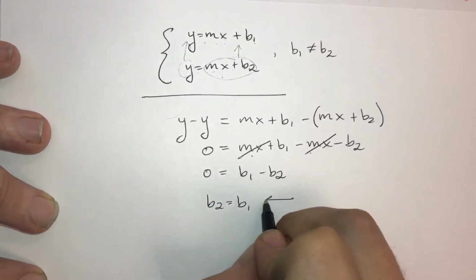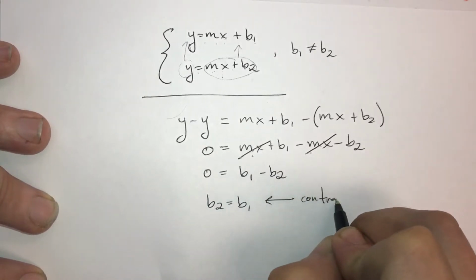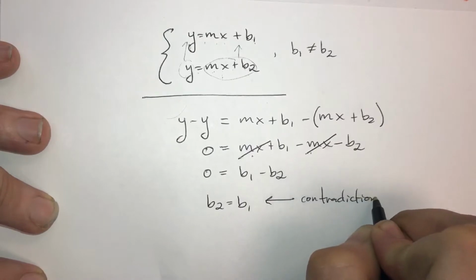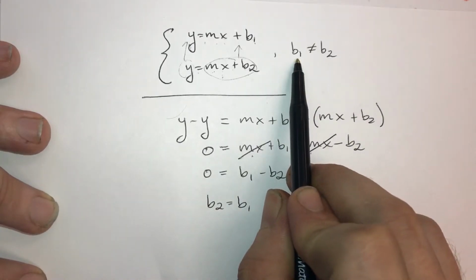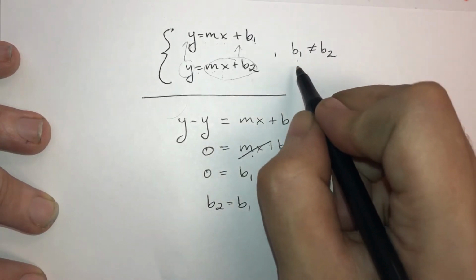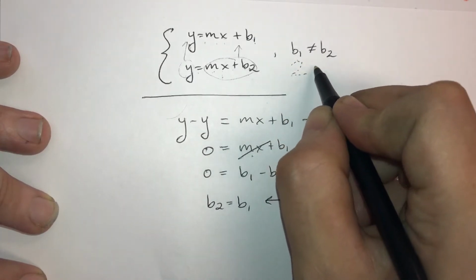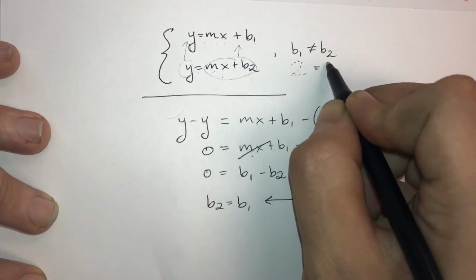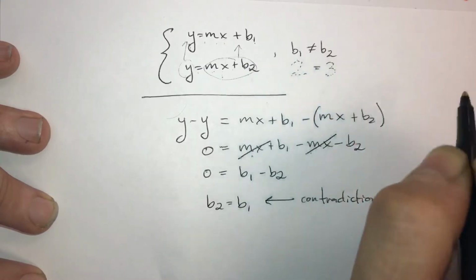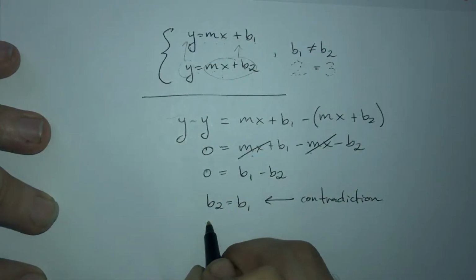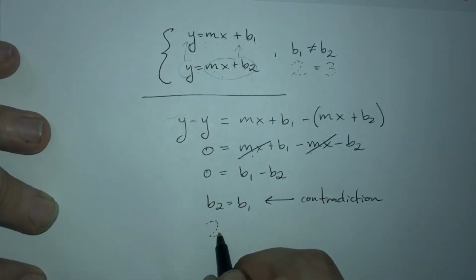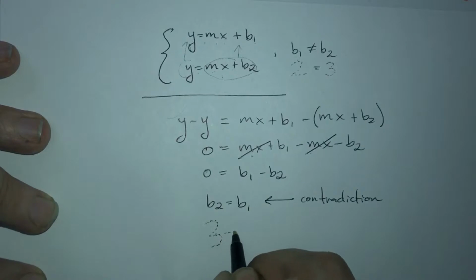But this is a contradiction. Remember, a contradiction is an equation that is never true. It's never true because I've said that b1 and b2 are different numbers. So for example, let's say b1 is 2 and b2 is 3. Well, if I start with 2 and 3 here, then what I get down here is 3 is equal to 2, which is never true, right?